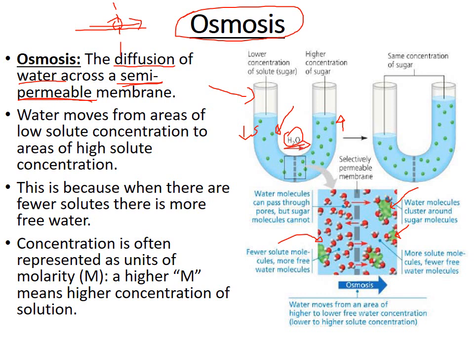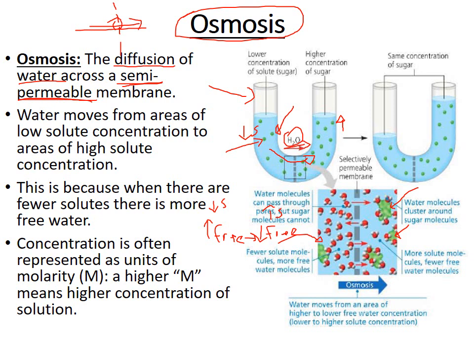So the idea is that water will flow from an area where there is a lot of free water to an area where there is little free water. A lot of free water coincides with low solute, and little free water coincides with high solute. So low solute has a lot of free water, so that free water will flow to the side with high solute, which has low free water.